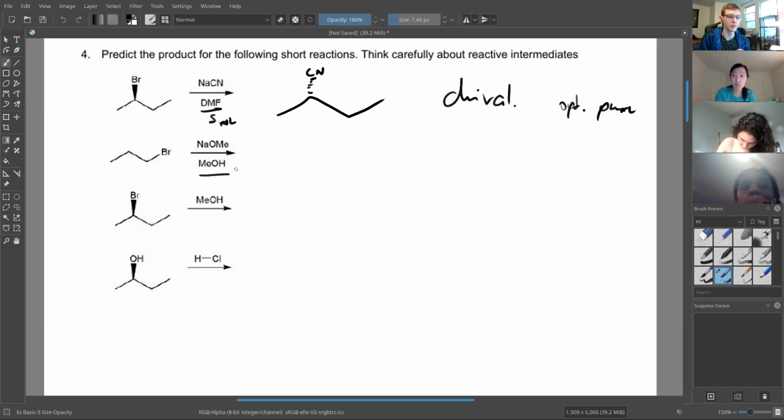But I think that the methyl group could possibly be a hindrance. So the bromine will detach off. It'll create a carbocation. And then once that happens, that's when the O-methyl will come in and attach to it.